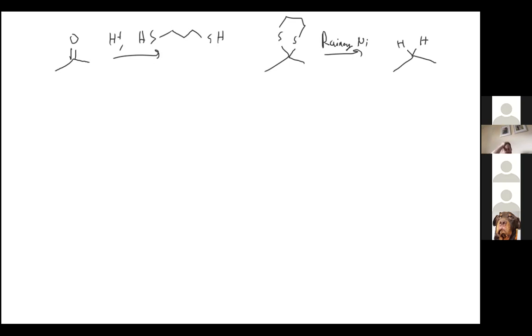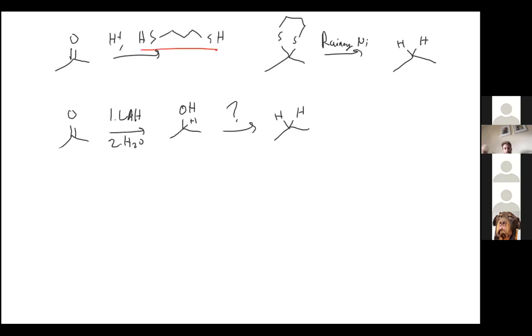Really, at this point, all we know how to do is take a carbonyl, throw in something like LAH to get an alcohol. We don't have a way to get completely reduced down to just carbon here. So using this dithiol followed by Raney nickel will allow us to do that.